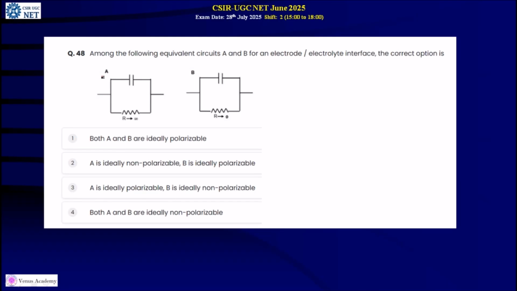Question number 48. Among the following equivalent circuits A and B for an electrode-electrolyte interface, the correct option is, option 3 is the correct option, students. A is ideally polarizable, B is ideally non-polarizable, so option number 3 is the correct option, students.